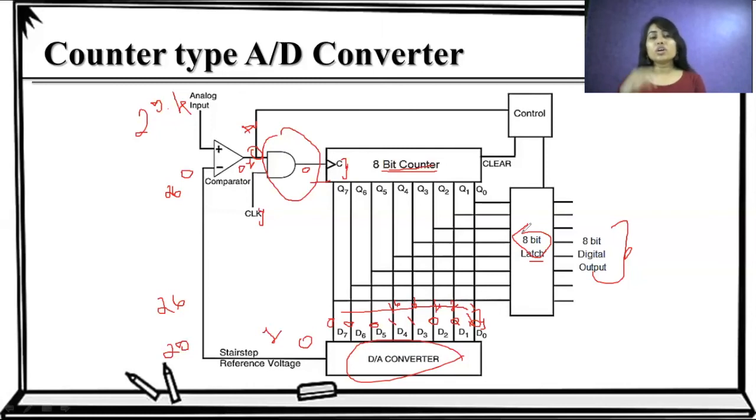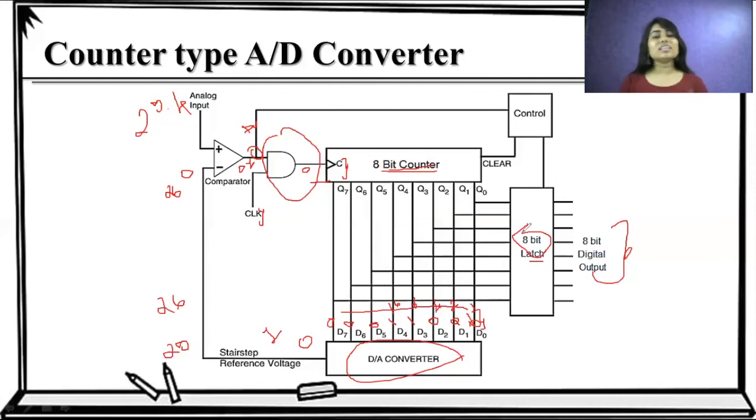So we have 0 into clock, no clock for the counter, so the counter stops. But for this 10 combination we have a negative difference, so using this control circuit, the bits of 10 can be cleared and we have the further output equal to 9 in digital form, like 1001 for a 4-bit counter.